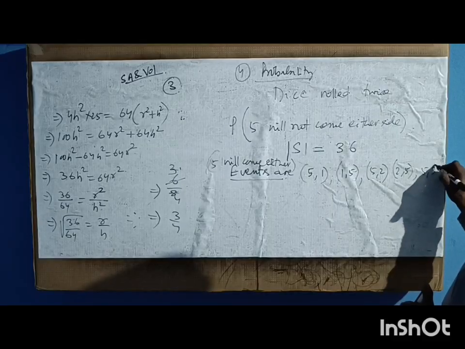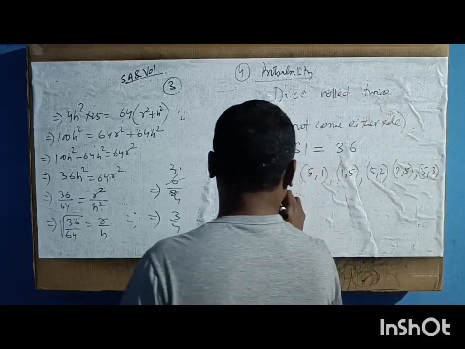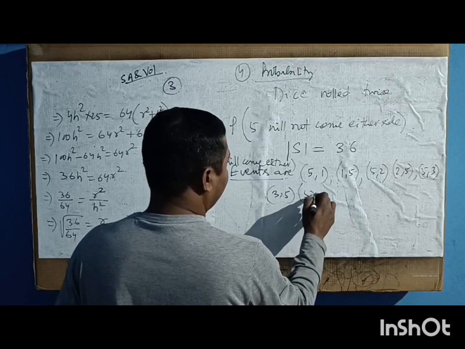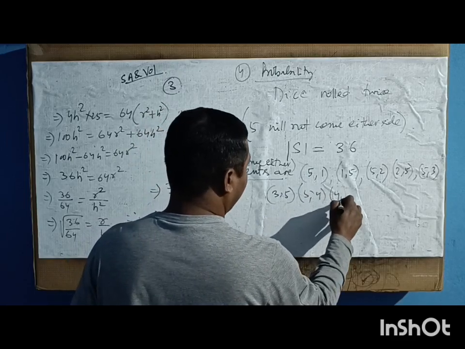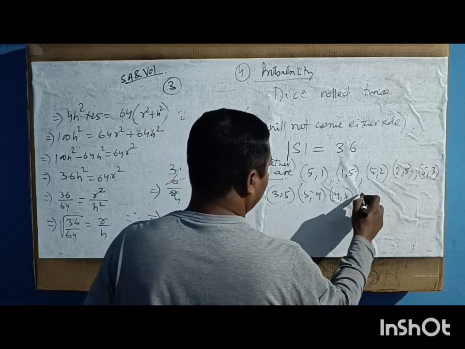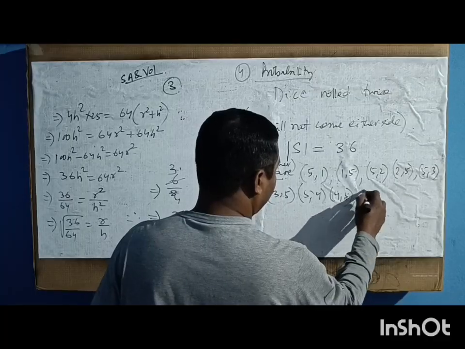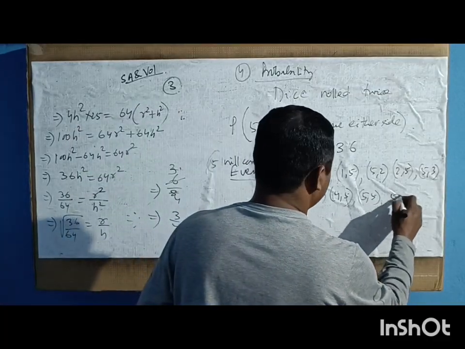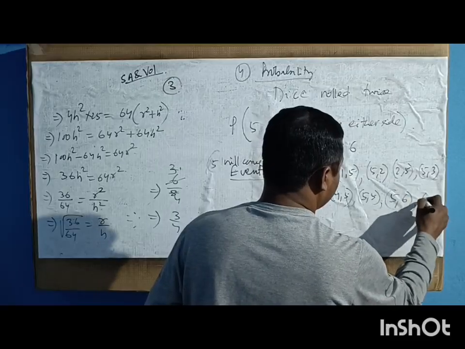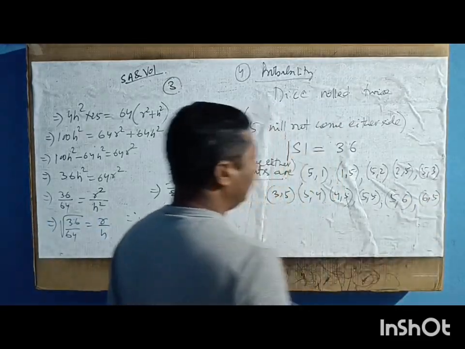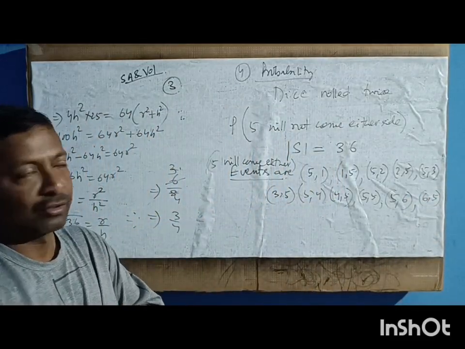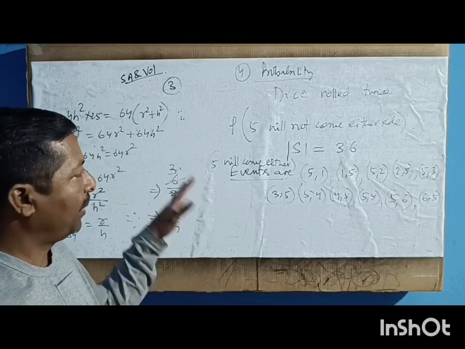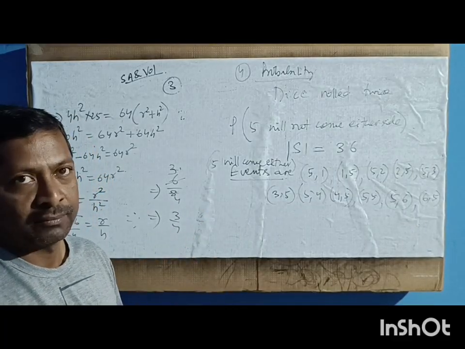5 3, 3 5. Okay, 5 4, 4 5. Okay, 5 5. Again 5 6, 6 5. These are the possibilities where 5 will come on either side.